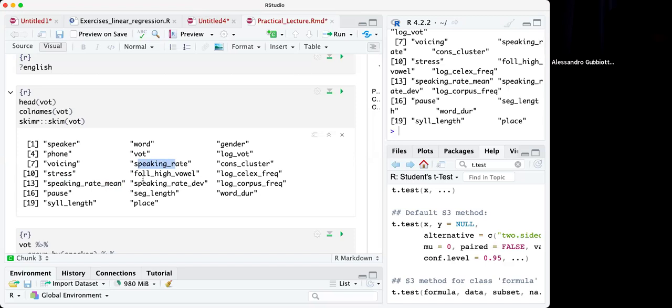Probably the speaking rate mean also influences the voice onset time, or also the stress, or... I don't know.